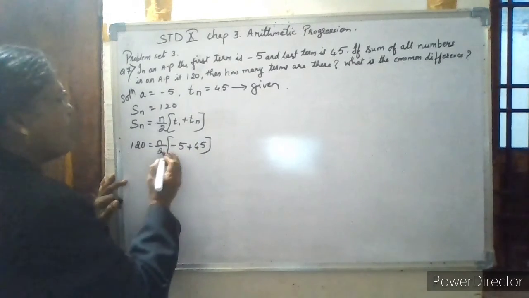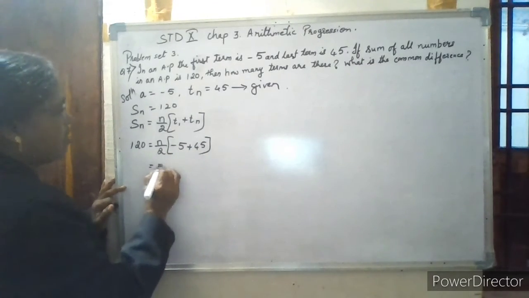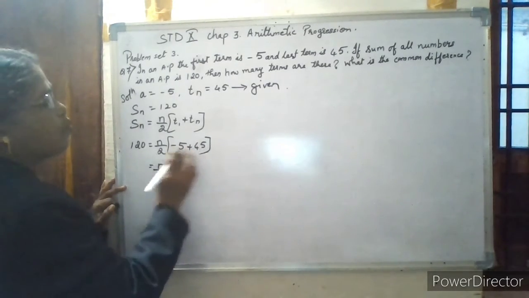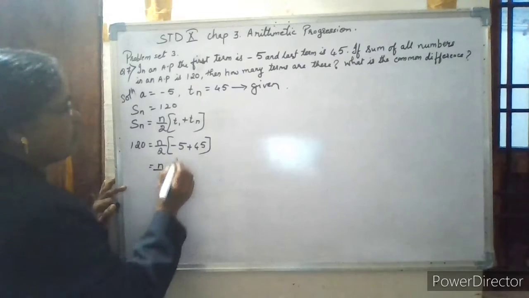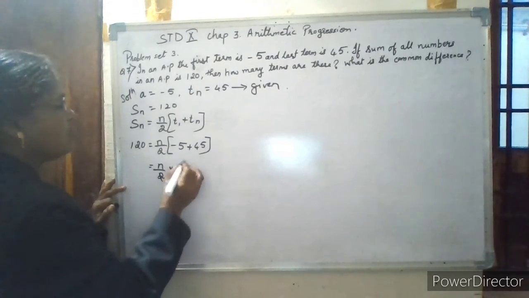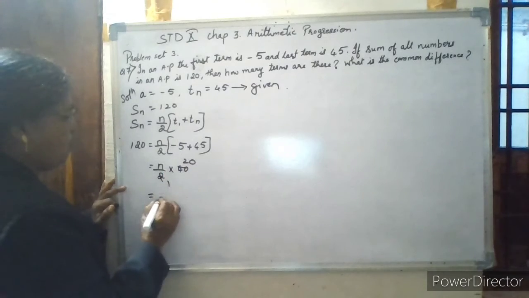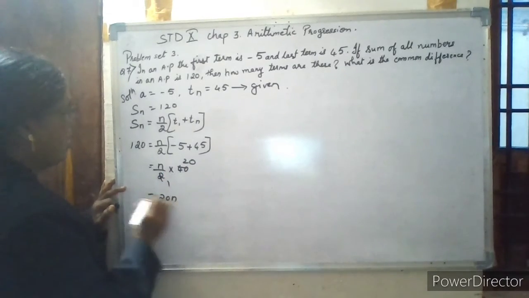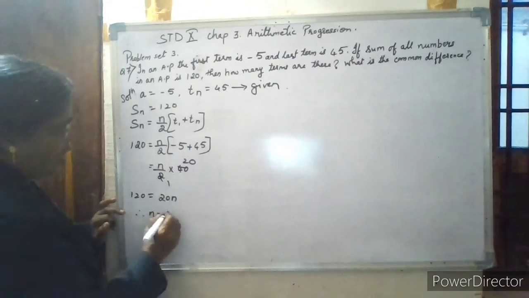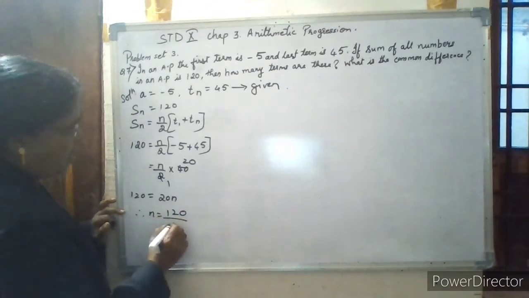If we solve this, we get n by 2 into, both numbers have different signs, so subtract and put the sign of the greater number, so it is 40. 2 ones are 2, 2 twos are 4, so it is 20n is equal to 120. Therefore n will be equal to 120 by 20.